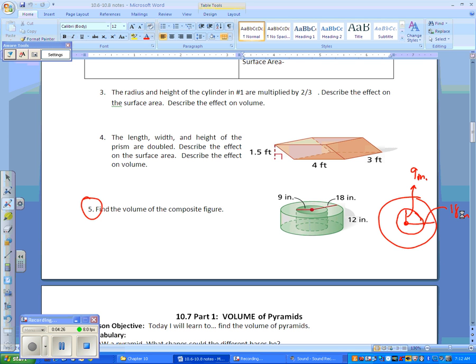So what you're going to do is find the volume of the bigger cylinder and subtract the volume of the smaller cylinder. Okay, so remember, composite figures are when we have two figures pushed together. All right, that's it for volume for cylinders and prisms.